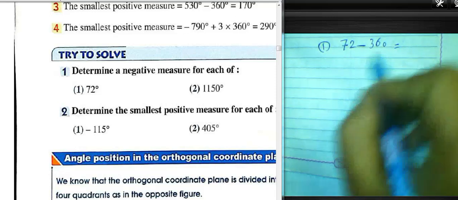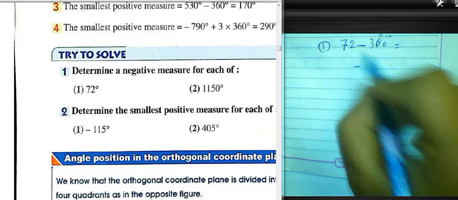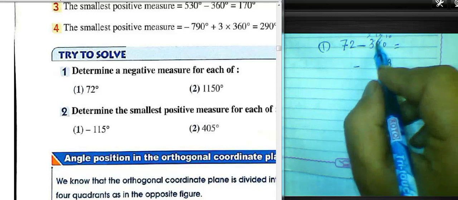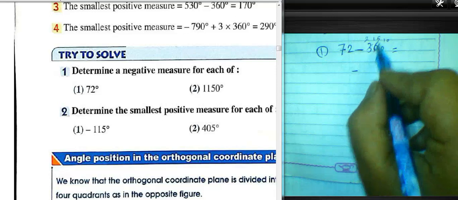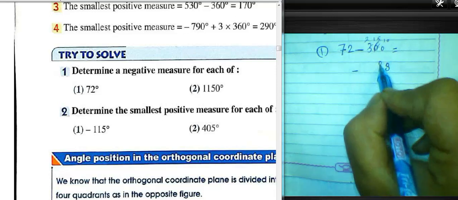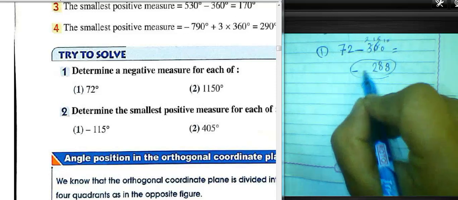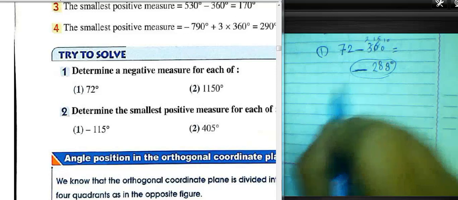We write 10 minus 2 equals 8. 5 minus 7, we borrow 1 from 3, so 3 becomes 2, and 5 becomes 15. 15 minus 7 equals 8. And this angle will be negative 288 degrees.